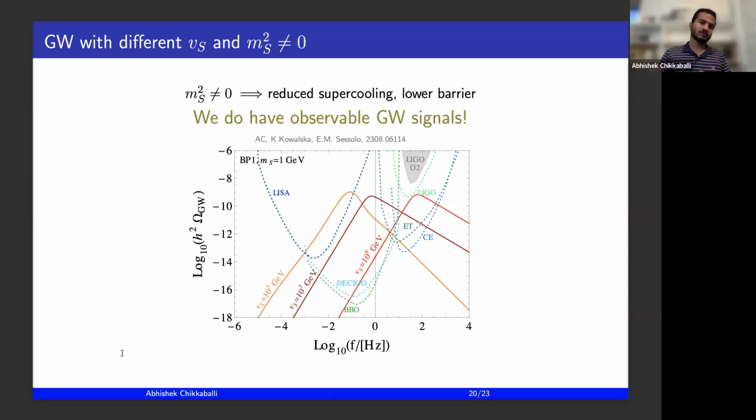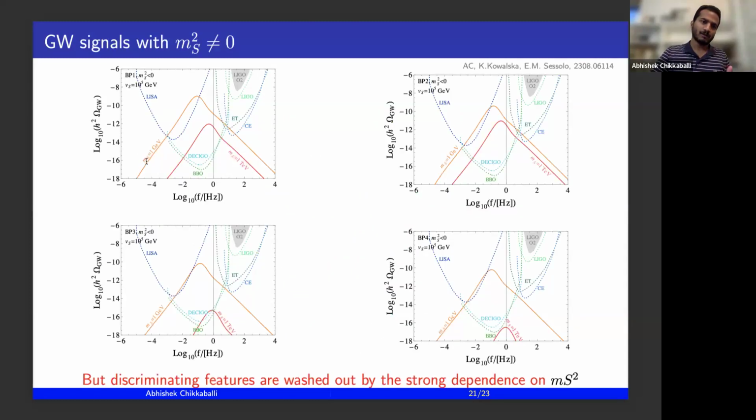Now that we have an observable signal, we can ask if it is possible to discriminate the different UV complete scenarios that we saw earlier, whether it is a Dirac-like case or a Majorana-like case, through these kinds of signals. As you can see here, for a given mass parameter, the amplitude of this gravitational wave signal is pretty much similar for all the benchmark points that we considered earlier.